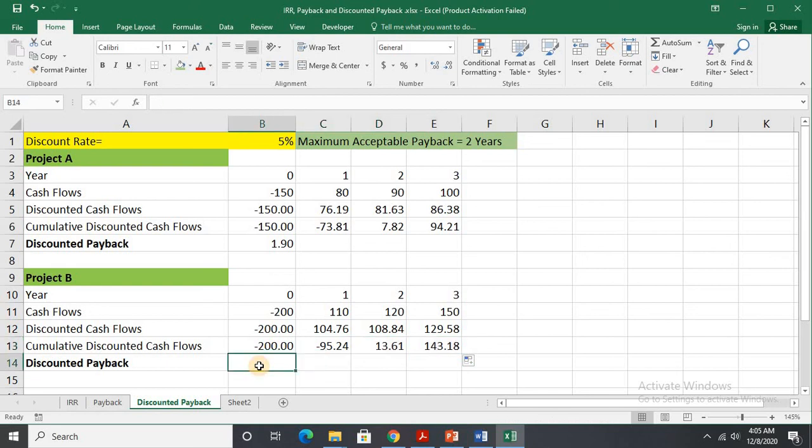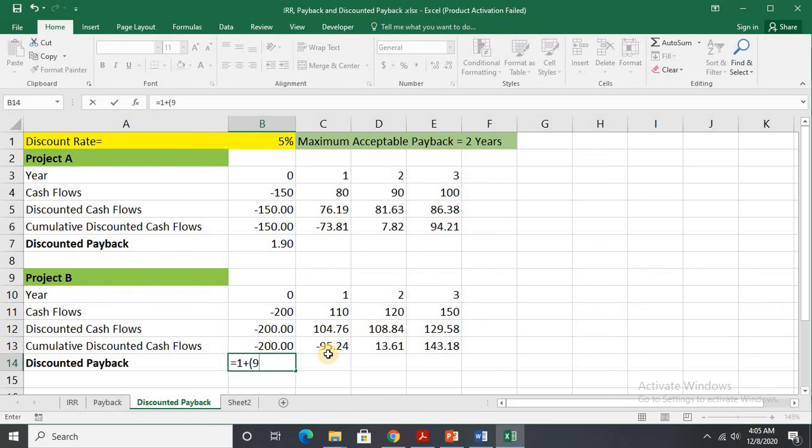Now we calculate the discounted payback for project B. Again equal sign, project B's cash flow fully recovered after 1 year, 1 plus first bracket, last uncovered cost is 95.24.